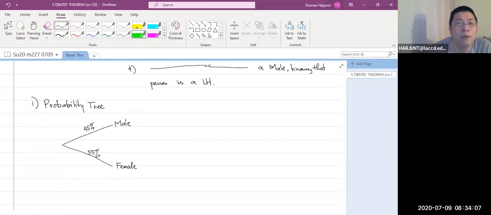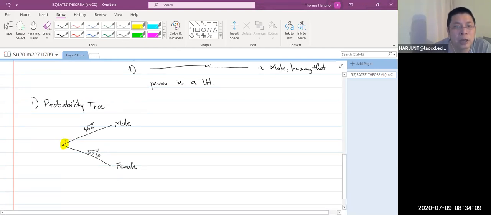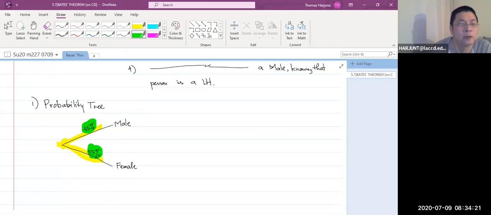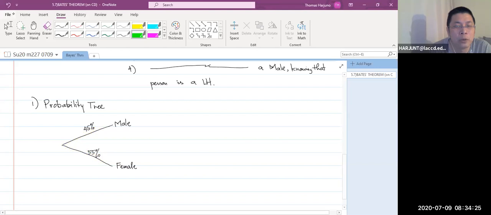Every time you have a branching like this, the total probability has to be 100%, or in decimal, the total has to be 1. Are you with me? Okay, so two things to say. The event is written at the end of the branch. The probability is written on the branch.